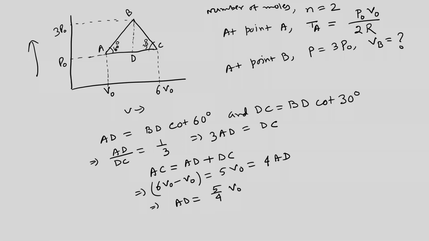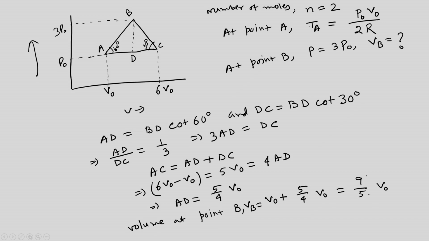So, volume at point B or D, whatever you say, is V naught plus 5 by 4 V naught gives you 9 by 4 V naught. Okay, so, we get volume at point B, that is nothing but VB, we say, is 9 by 5 V naught.